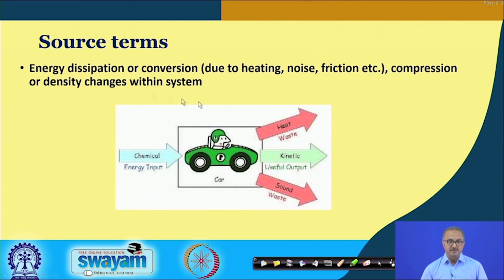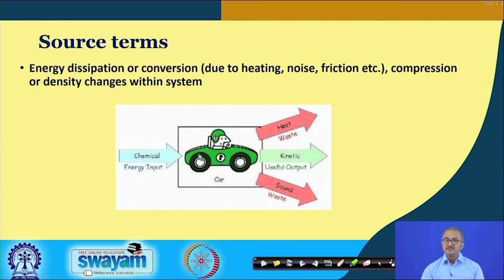Another source term can be due to energy dissipation or conversion, and this can be due to heating, noise or friction, and it could be from compression or density changes within the system. Now, here I have shown an example of how energy can get dissipated whenever we are riding, say, a car, burning some fuel like diesel or petrol. Whatever energy is coming out after combustion of this diesel or petrol, all the energy is not used up to drive the car.